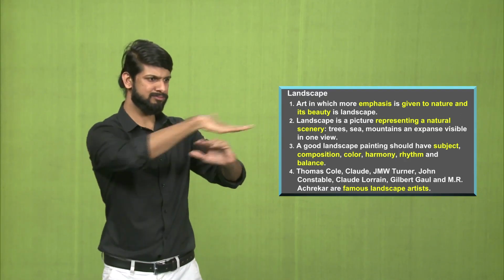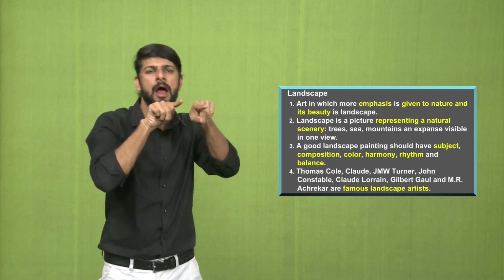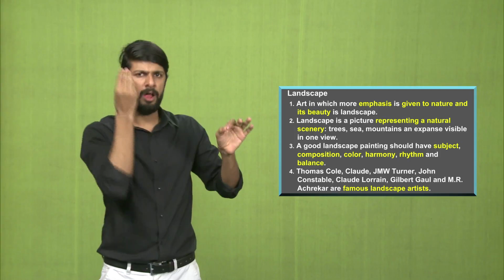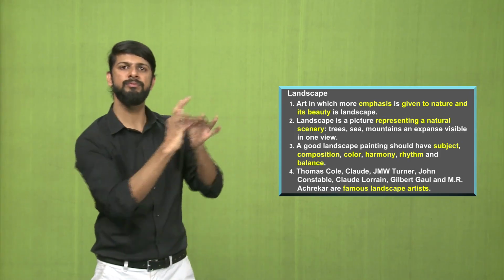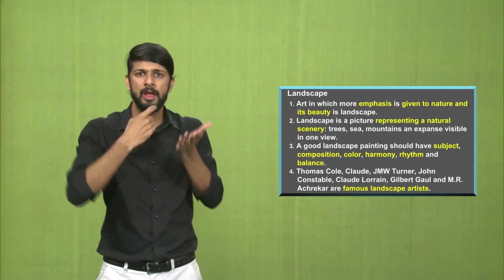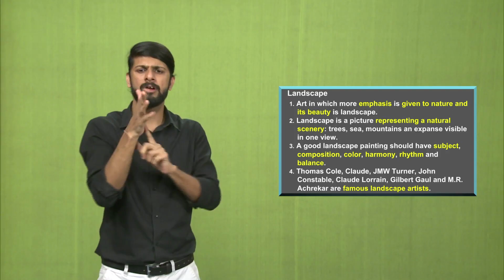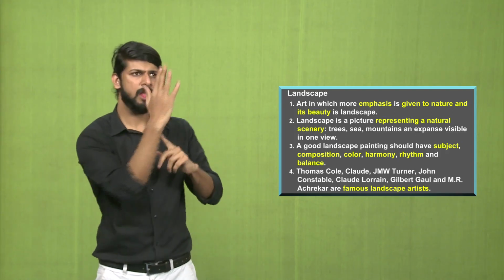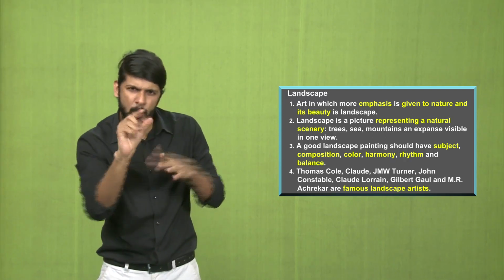Then harmony, a kind of unity between all the elements. A cottage in the woods will not have an airplane, so that kind of understanding. Then rhythm, a movement in the painting.